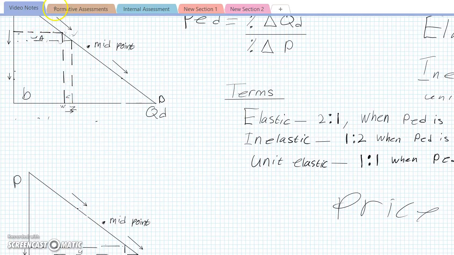You lose revenue over here in A, but what you gain in C outweighs what you lose in A. So you're initially making a gain, and that would lead you towards the midpoint, maximizing total revenue.